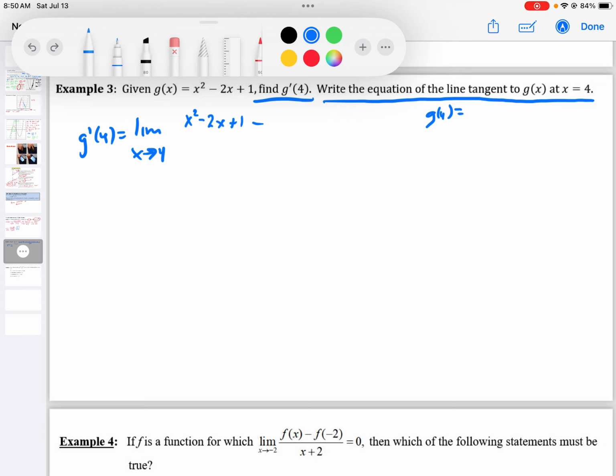For g of 4, I'm going to plug 4 in for the x's. So 16 minus 8 plus 1.